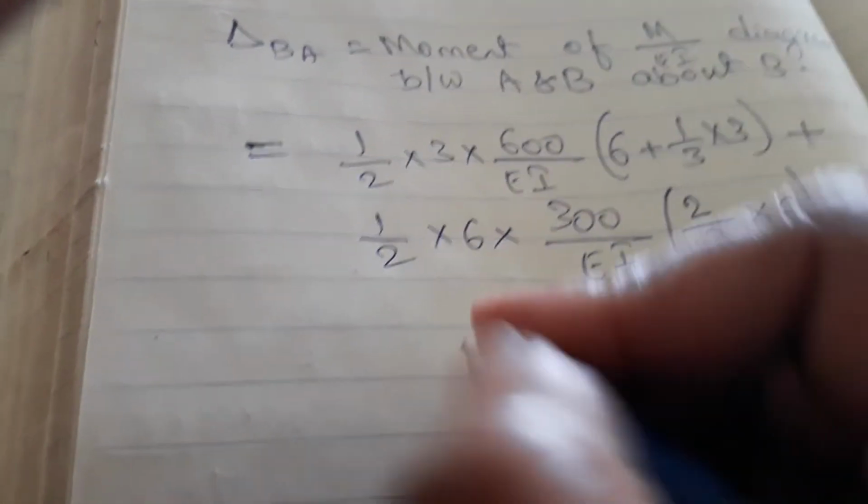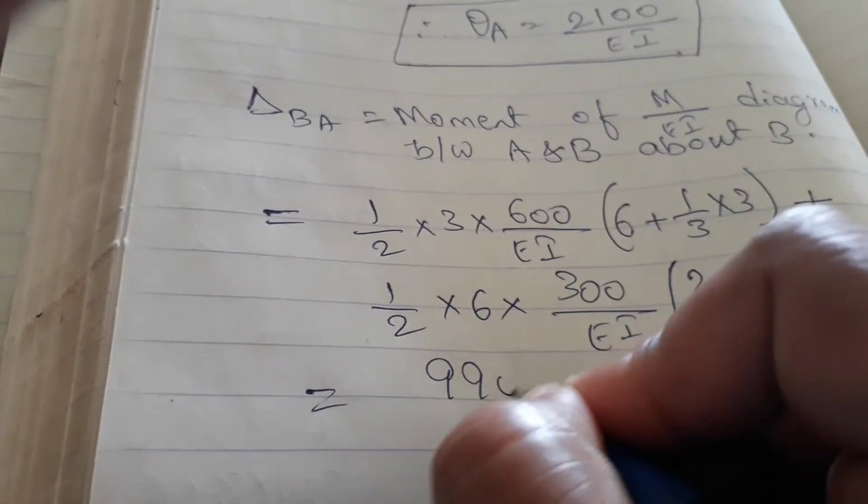Simplify this, you get 9900 by EI, which is delta BA.